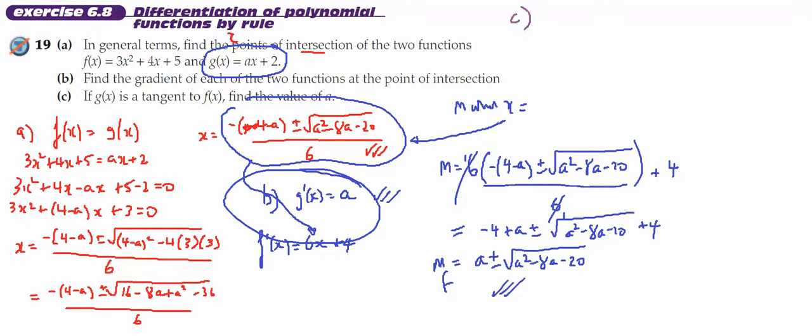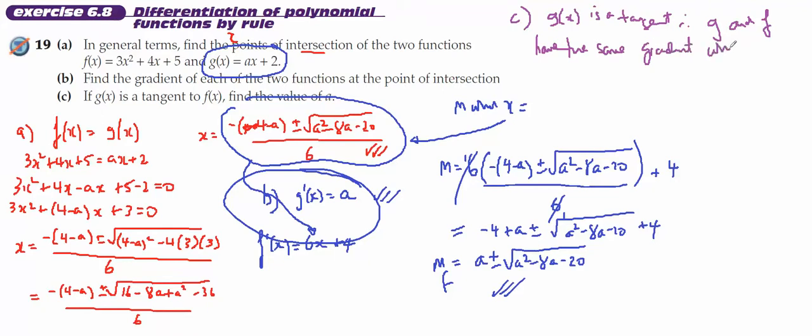In part C, if g of x is the tangent to f of x, therefore g and f have the same gradient where they touch.